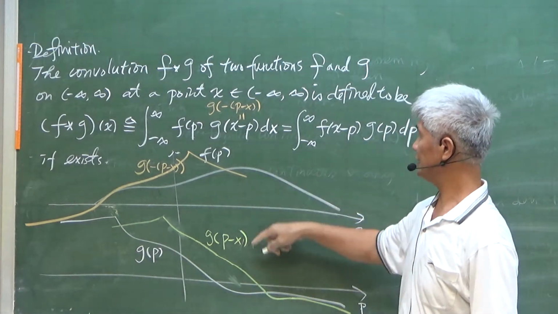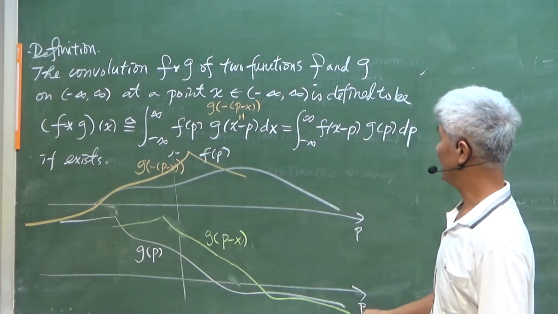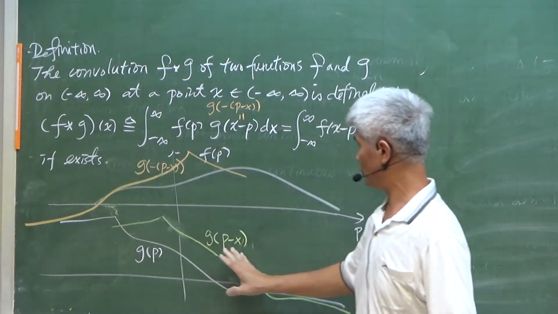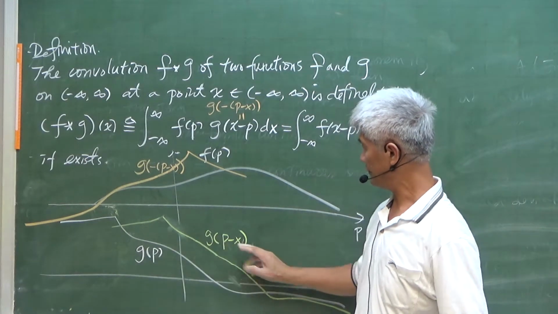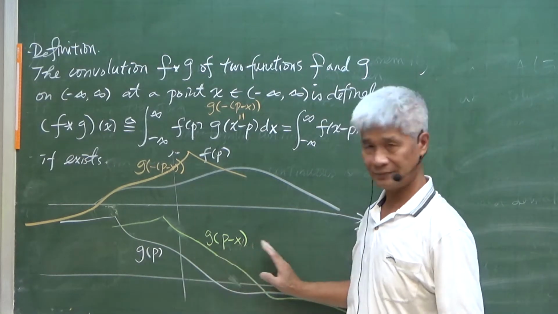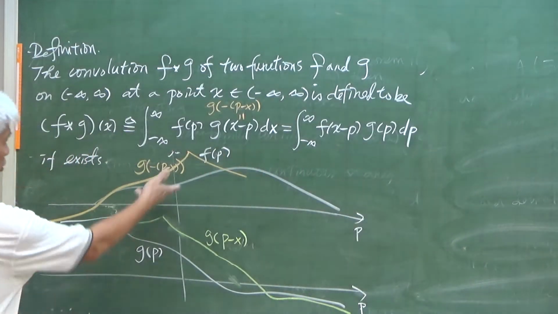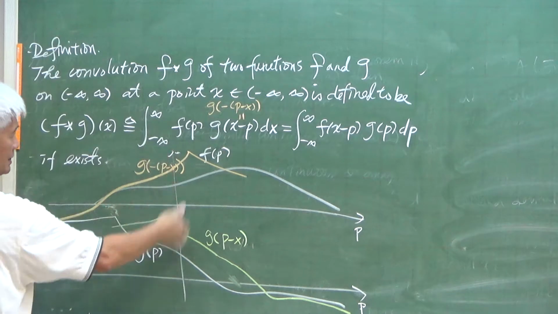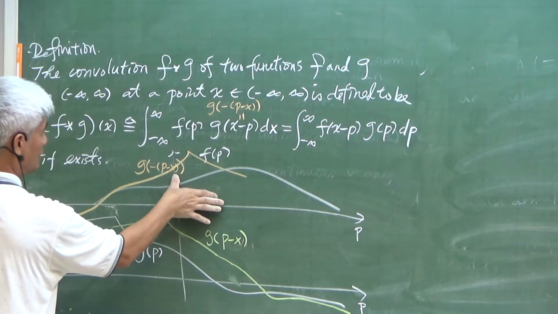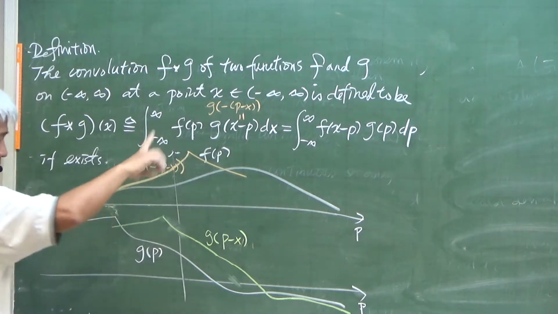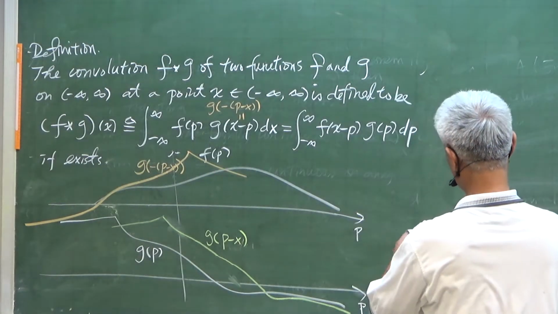This is the procedure for computing the convolution: at each x, you take the shift of the g function first, then you take the image relative to the y-axis, then you multiply the two together and integrate over them.